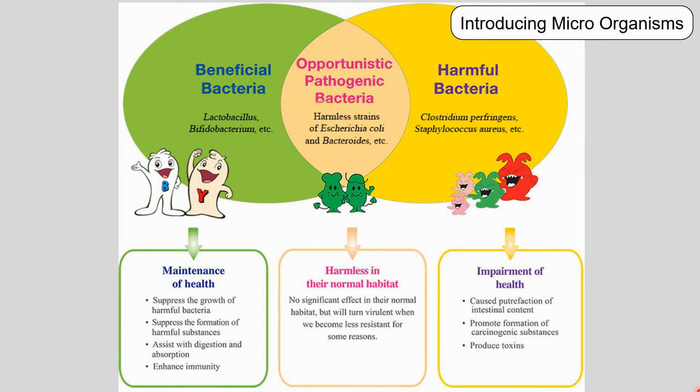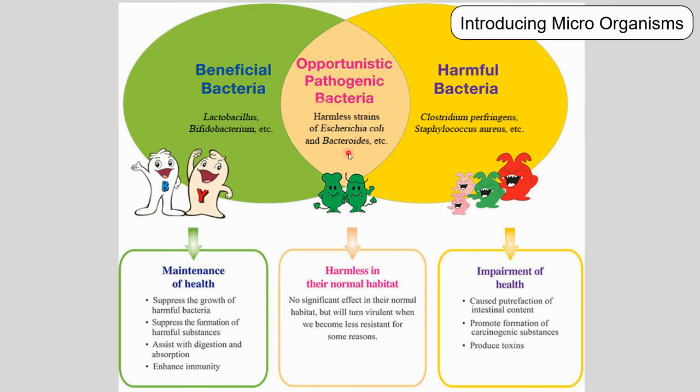If we look at this little diagram here, you'll see we've got beneficial bacteria. So actually some bacteria are good for us. They help us with things like aiding digestion and enhancing our immunity. We've then got what's called opportunistic bacteria. These are bacteria which, if we're fit and healthy and in normal conditions, won't do us any harm. We'll be absolutely fine.